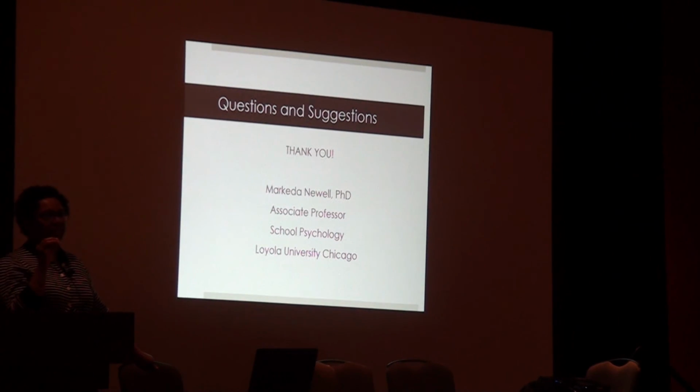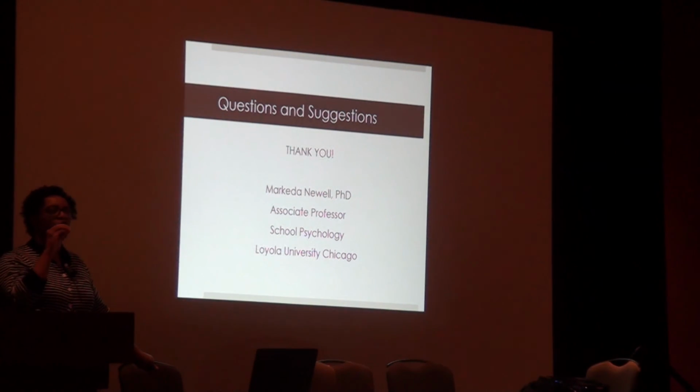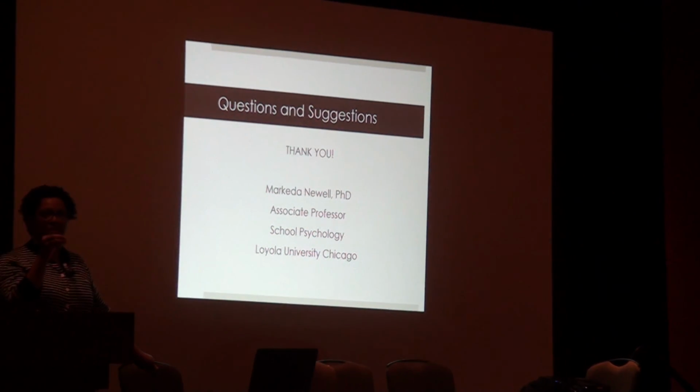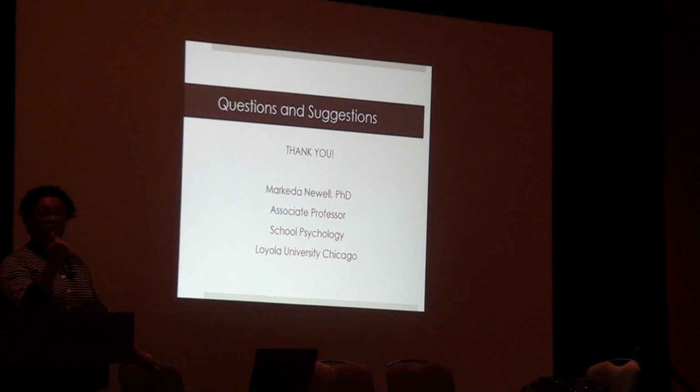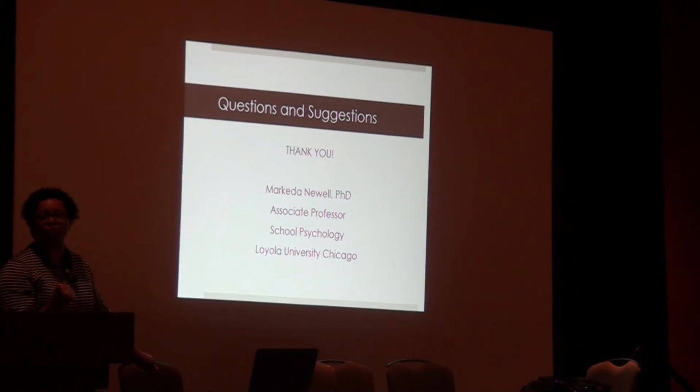But this is what I would say too, is that you do want to think about where you can leverage your resources. We don't want to have adversarial relationships, right? So where can we come to an agreement where I periodically come in to just observe and see how things are going? I want to be supportive of what's happening in the classroom. Does that make sense? You can enter in a position of support, because you're going to try to help the teacher and help your child as well.